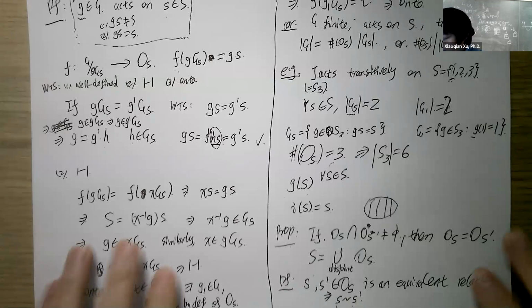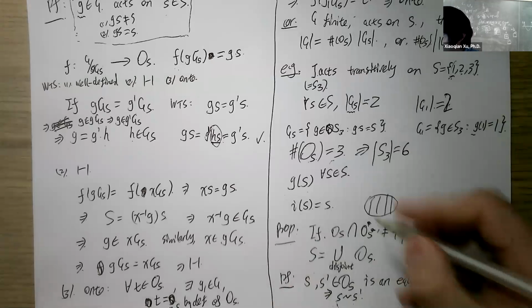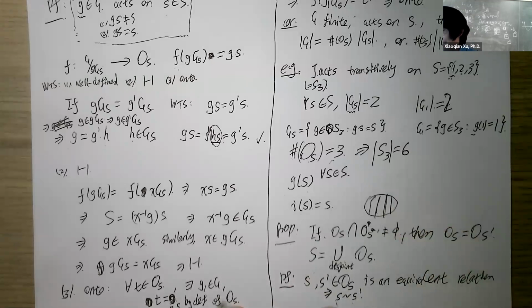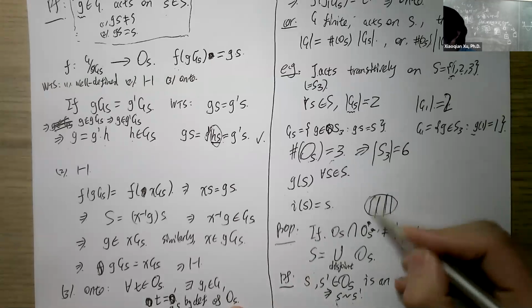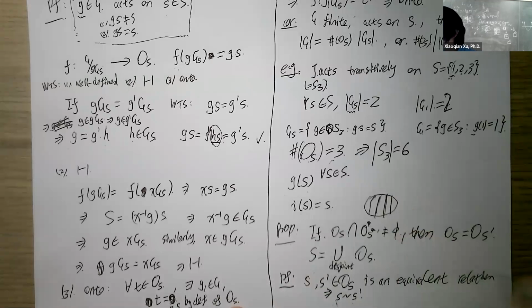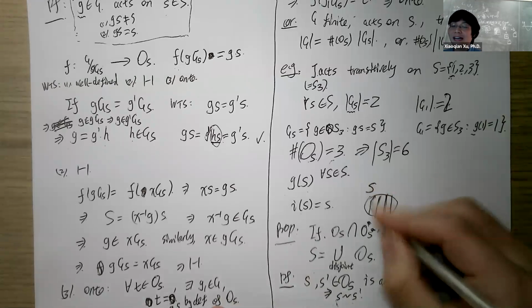Okay, so basically what we did here is we use a group to define an equivalence relation so that we can divide this whole set S into different equivalence classes.